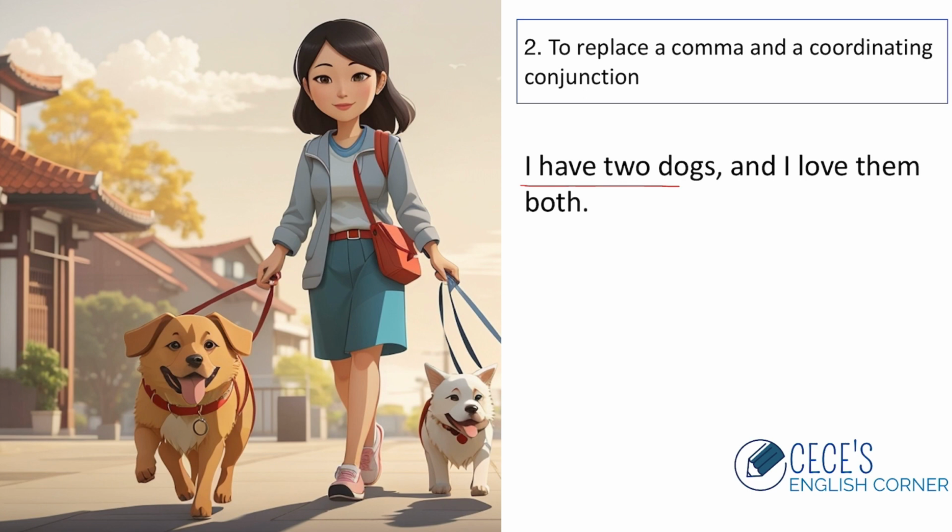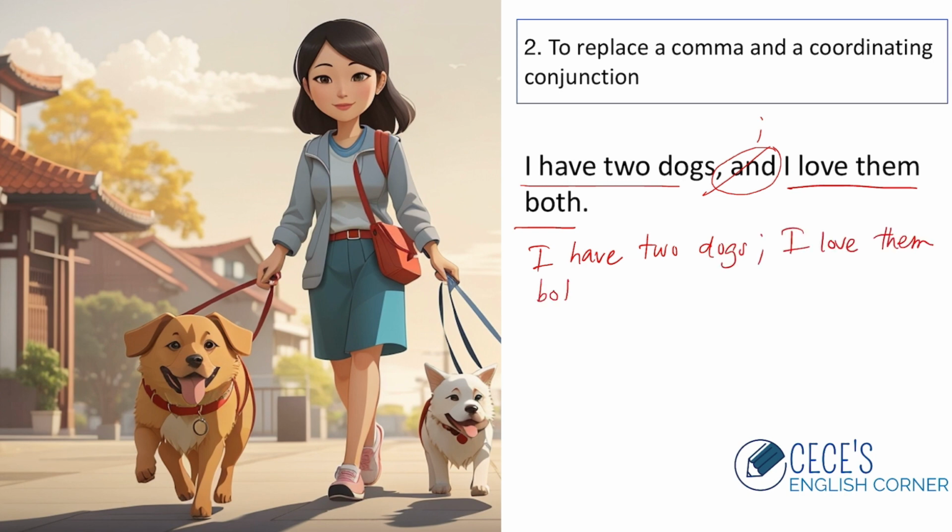We have this first part, I have 2 dogs, and this second part, I love them both. Each can function on its own as a sentence, but we're connecting them with a conjunction and a comma. We can replace the and the comma with a semicolon. The sentence will still make sense because the 2 clauses, the first part about having 2 dogs and the second part about loving them both, can also stand alone as sentences.